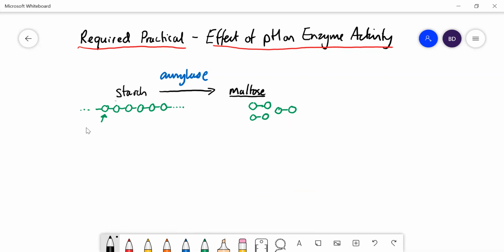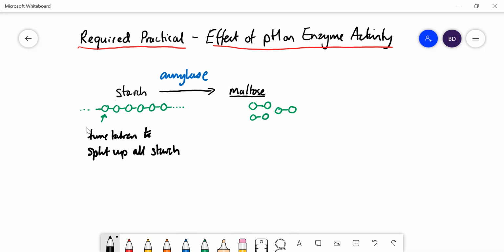Now, how are we going to measure the rate of enzyme activity? That's quite difficult. We could look at how quickly the maltose is being formed, but that's tricky. Instead, we're going to look at the time taken to split up, or hydrolyze, all of the starch.